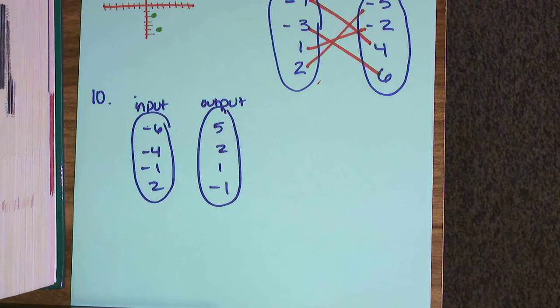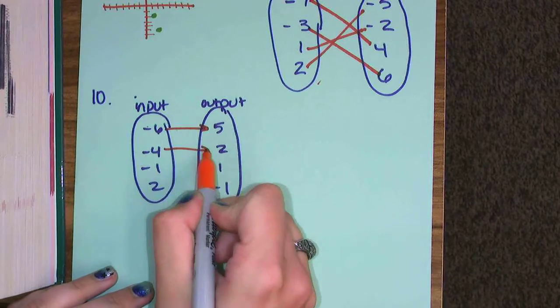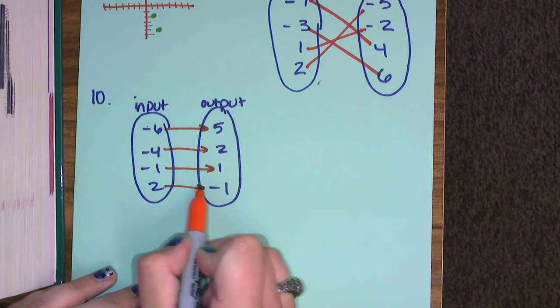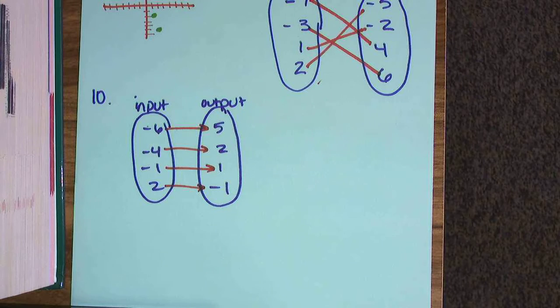And then they have them connected, all of them just straight across. So when we had points, how did I say in the video that we knew if it was a function or not? Yes. If each input has exactly one output, does each input have exactly one output here? Okay, so then is it a function? Yes, so this one's a function.